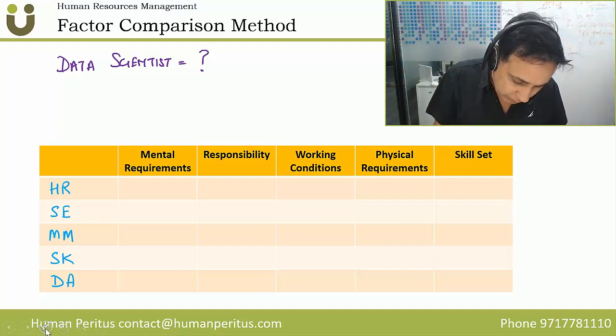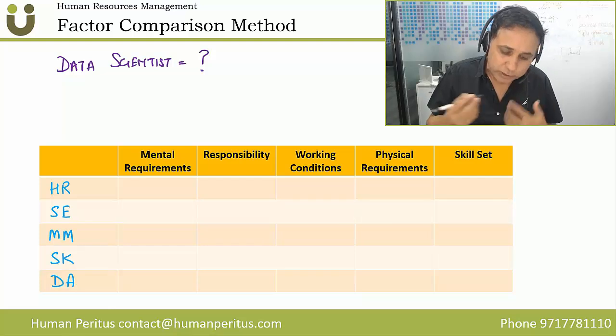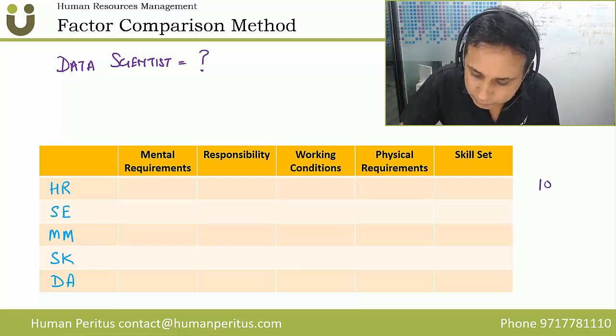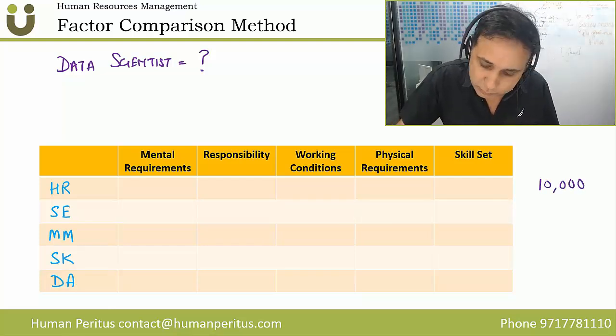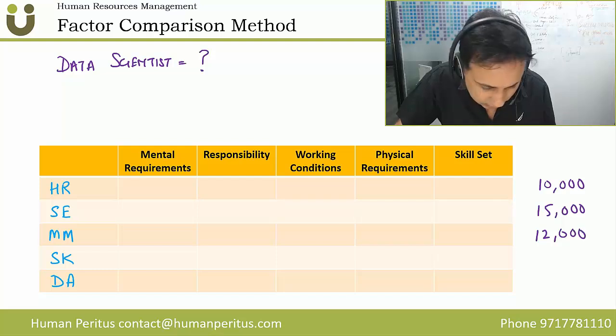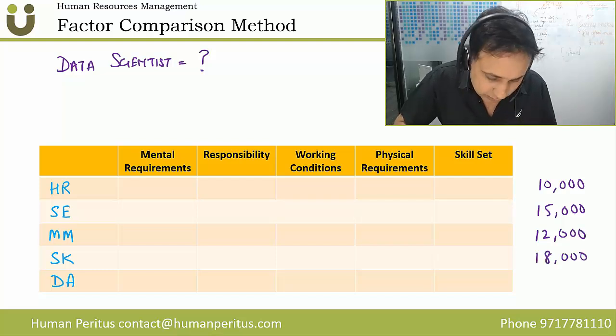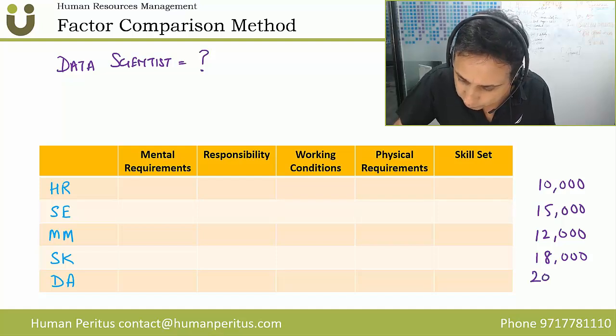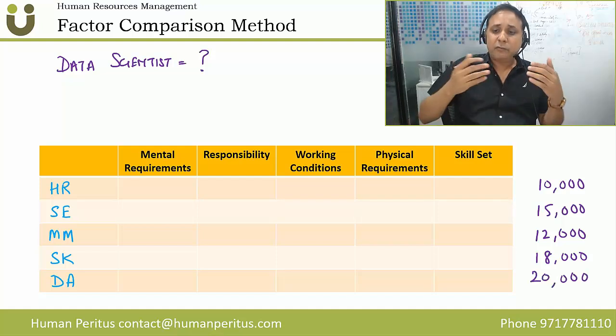For example, we might be paying HR 10,000 rupees, a software engineer 15,000 rupees, marketing manager 12,000 rupees, storekeeper 18,000 rupees, and data analyst 20,000 rupees. So this is what we are already paying.